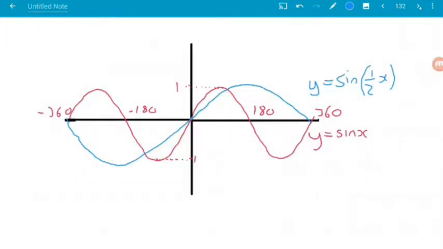Okay, last one then with the sine curve. Now we're looking at y equals sine of 1/2 x. Now even I could draw this, so it's back to my sketches. So here, a is 1/2. Now the scale factor is 1 divided by 1/2, which is 2.